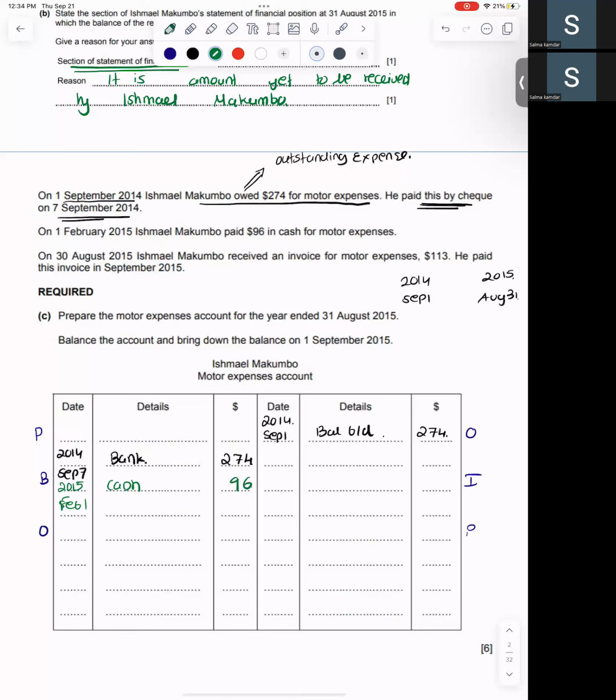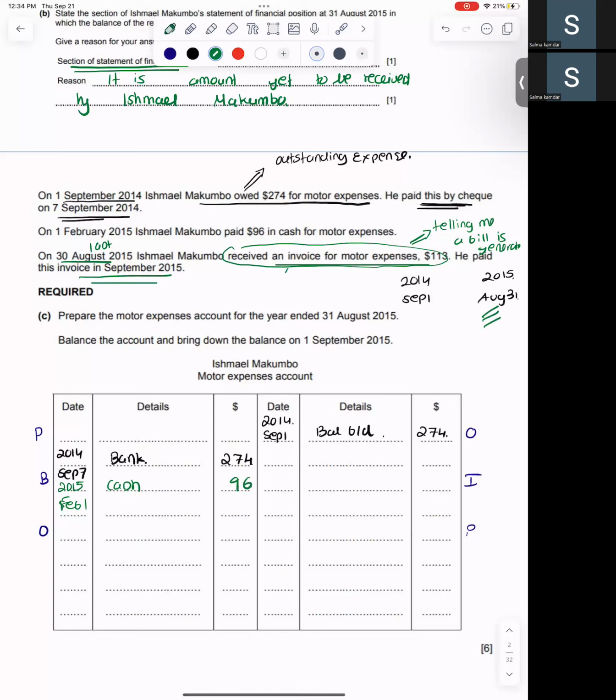96. On 30th August, that is the day before the last date, he received an invoice for motor expenses of 113. If I am receiving an invoice, that means they are telling me that a bill is generated. So I am just receiving an invoice, and he paid the invoice next month. But my year is closing on 31st of August.